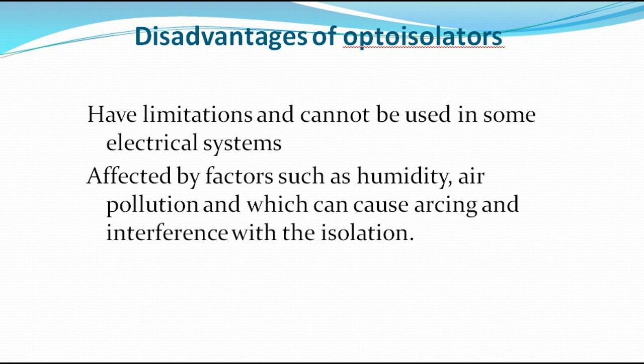Now, the disadvantages of the opto-isolator or optocoupler. It has limitations and cannot be used in some electrical systems, that is for sure. It is affected by factors such as humidity and air pollution, which can cause arcing and interference with the isolation.